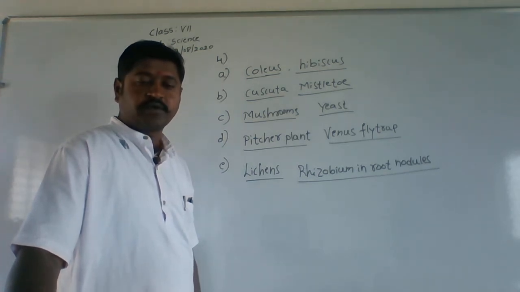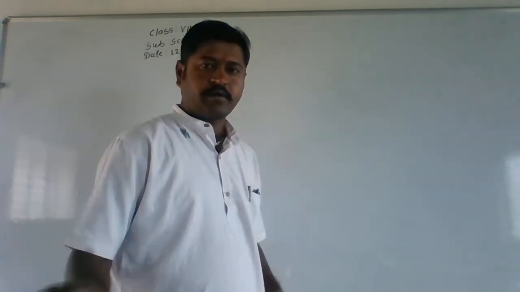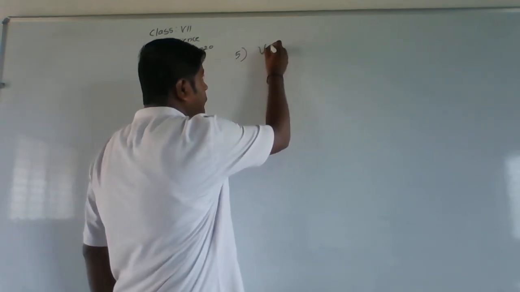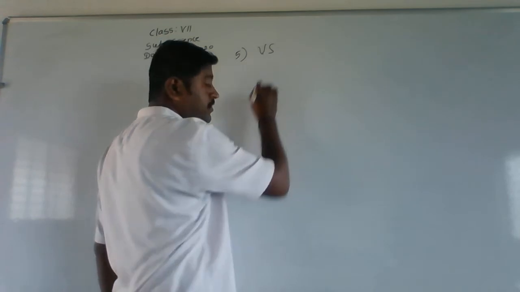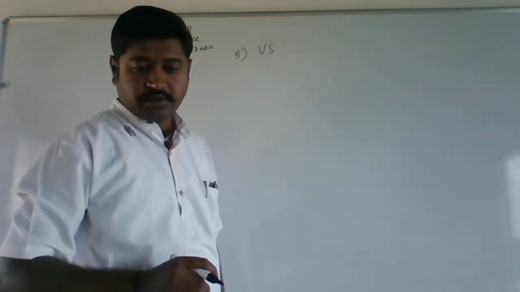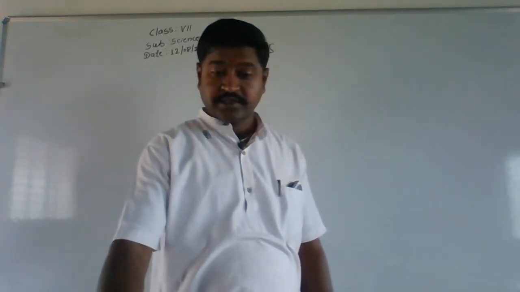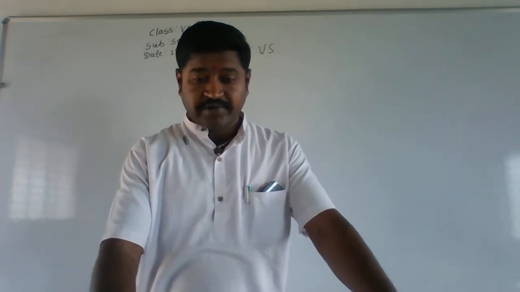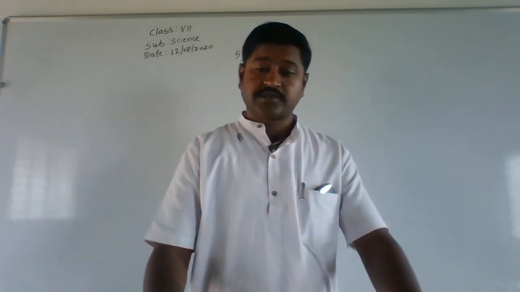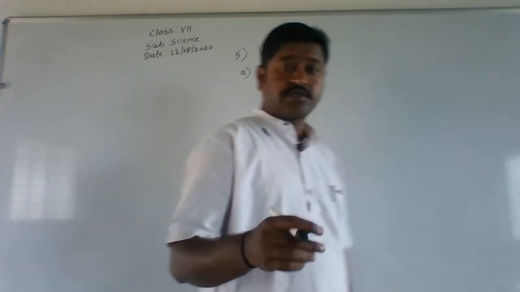Okay. Question number 5. Very short answer type questions. In that, the first one: name the process by which green plants prepare their food. Which is that process?